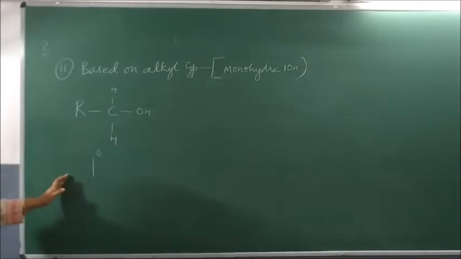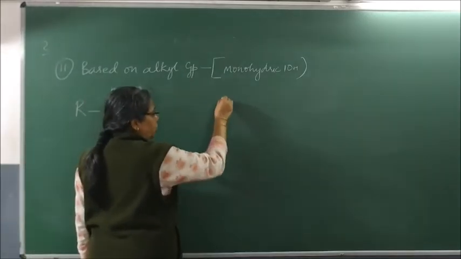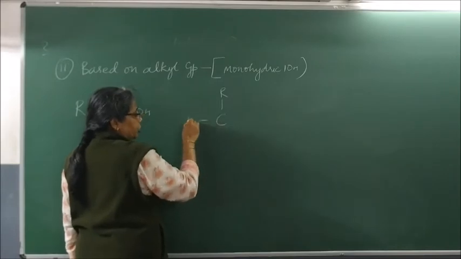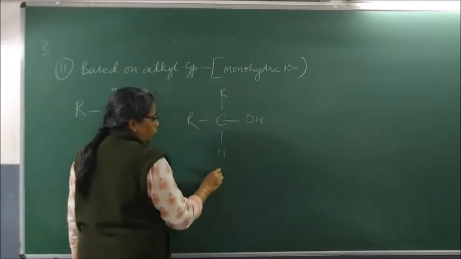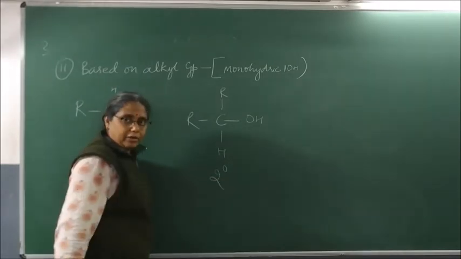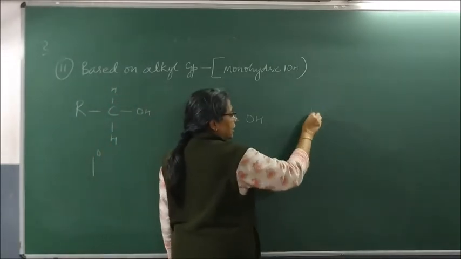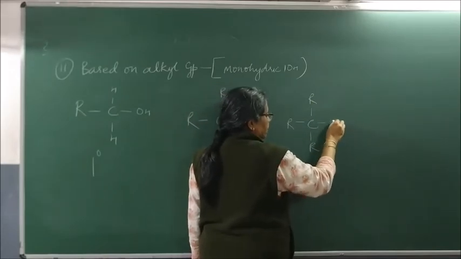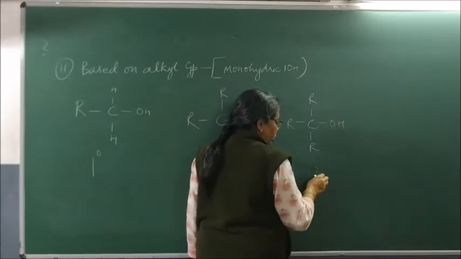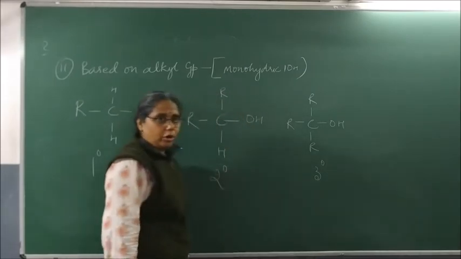Primary alcohol. If there are two alkyl groups attached to the carbon to which OH is attached, it is called what alcohol? Secondary alcohol. If I have three alkyl groups attached to the carbon to which OH is attached, it is called what group? Tertiary alcoholic group.